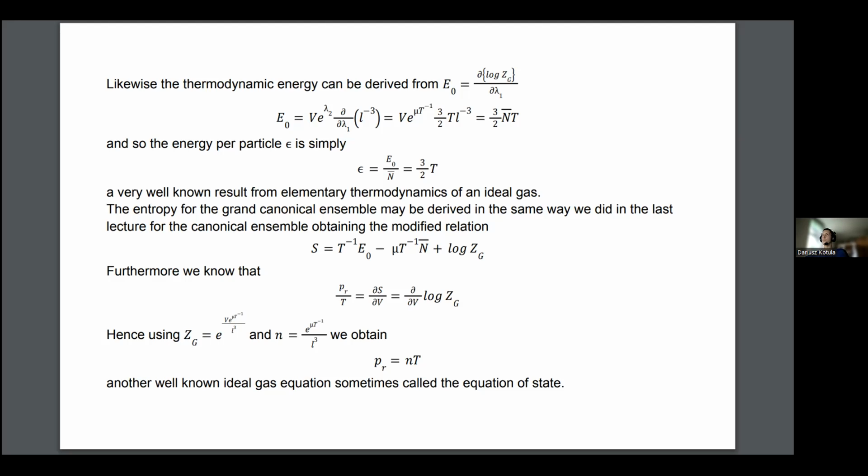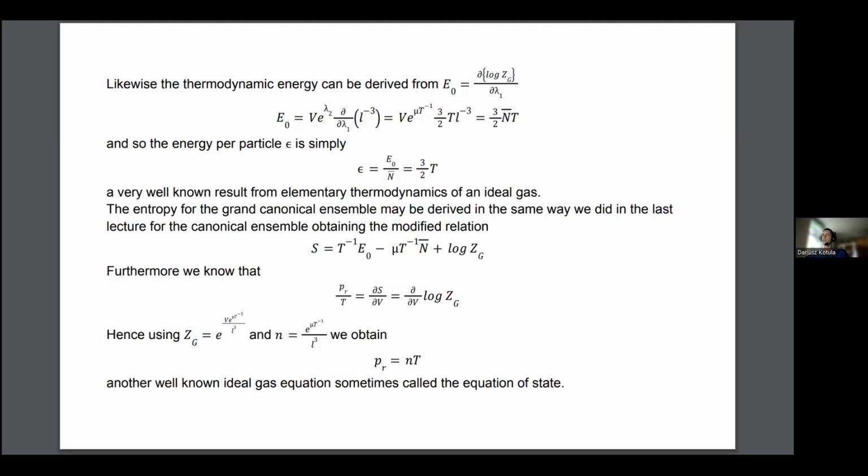Now, the entropy for the grand canonical ensemble may be derived in the same way we did in the last lecture for the canonical ensemble, obtaining the modified relation: entropy S equals temperature T to the minus 1 times thermodynamic energy E0, minus the chemical potential μ times temperature T to the minus 1 times the mean number of molecules N, plus the logarithm of the partition function Zg.